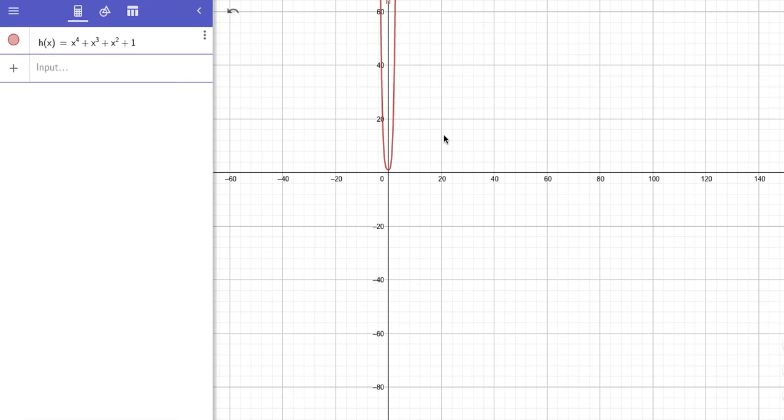On the other hand, the range may not be real numbers, because you can see the leading term over here, by which we mean the term that has the highest power of x. In this case, it is 4. Since this is even, if you take x as minus infinity, x power 4 is going to be positive.